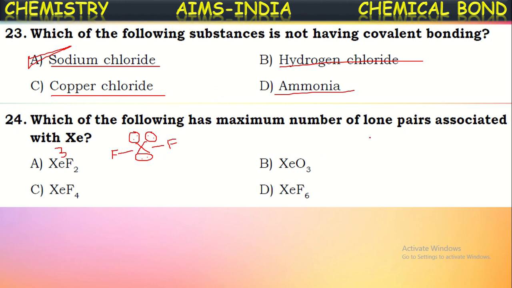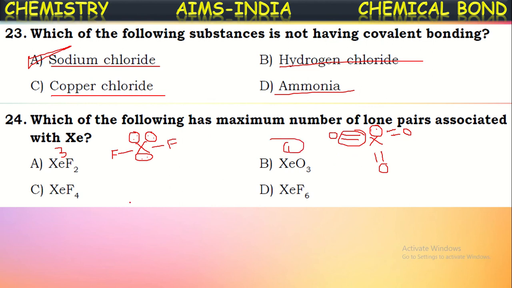Let us see xenon. Xenon has 4 pairs of electrons, or 8 electrons. Out of these 8 electrons, 2 electrons will participate in the covalent bond formation with oxygen atoms. Now there is only one lone pair of electrons on this. So here we can consider this as a dative bond.